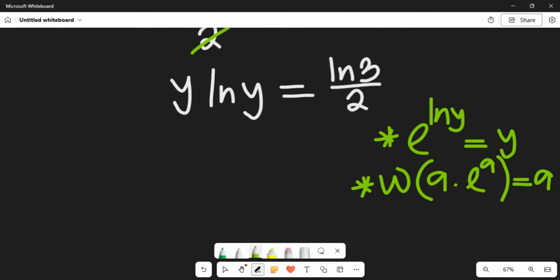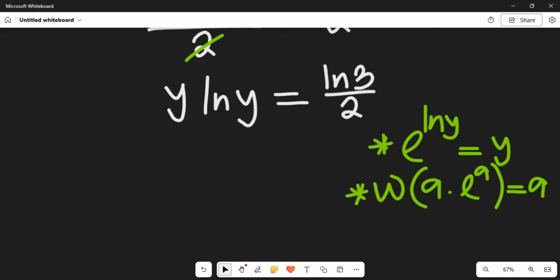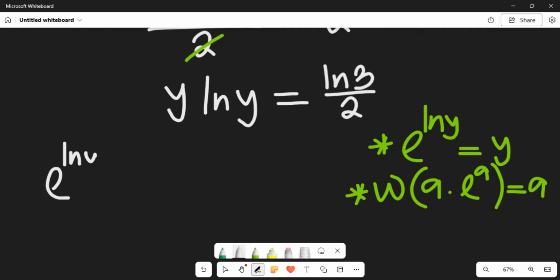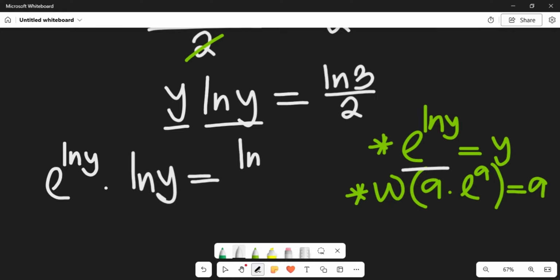If we take the exponents of both sides, we're going to have the exponential value of ln of y multiplied by the exponential value of ln of y, which is this, multiplied by the exponential value of ln of y, which is replacing y, multiplied by the ln of y, and this will be equal to the ln of 3 divided by 2.